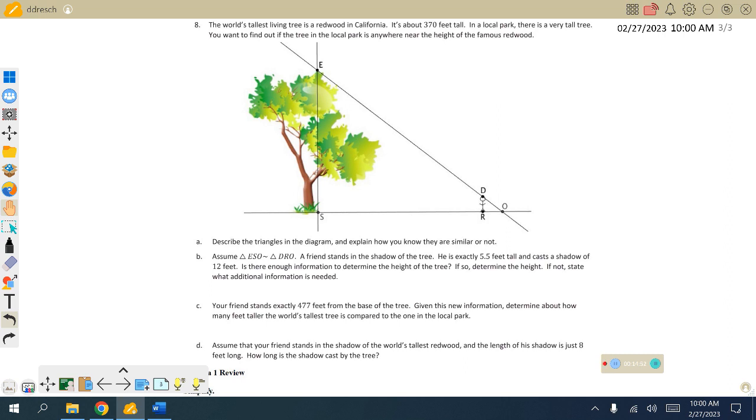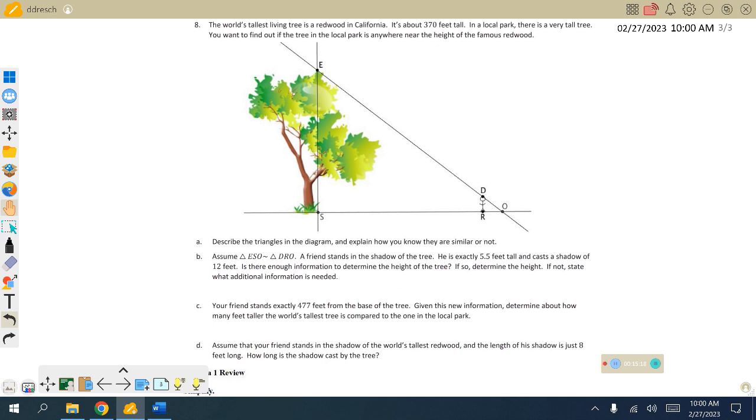You can literally climb to the canopy and drop down a big old rope with a length on it. Or we can do some measurements with a special device that we'll talk about when we get to trigonometry, or we can use proportions as we're about to do. There's a few different ways we can measure tall buildings like this. I didn't say building, but in this case, a tree.